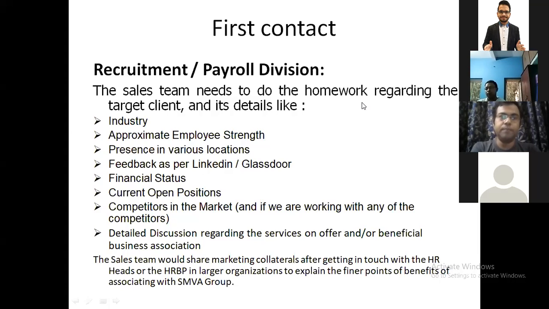Okay, next is their geographical presence. In which locations is this particular company present? Is this a Kolkata-based company having branches only at Kolkata, or is it a Bangalore-based company having branches only at Bangalore, that too in a remote area, or is it in the posh vicinity?